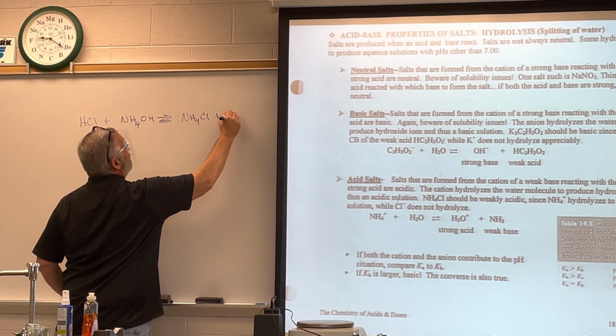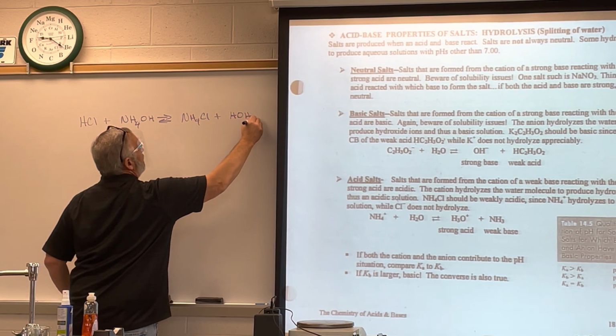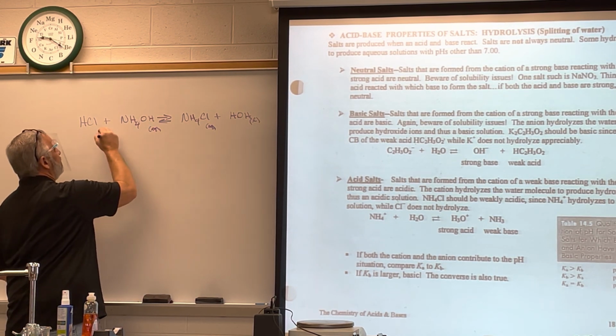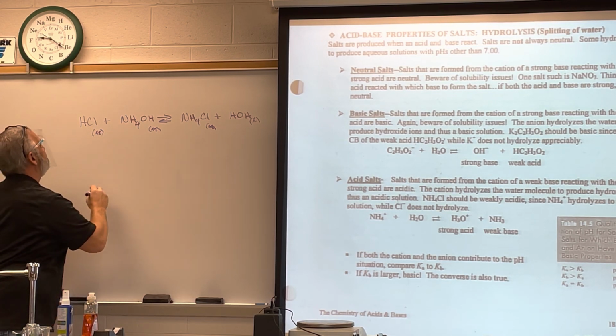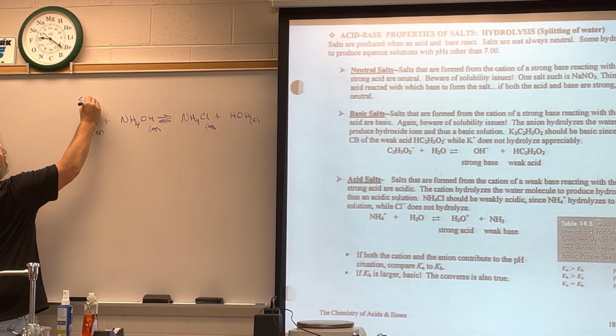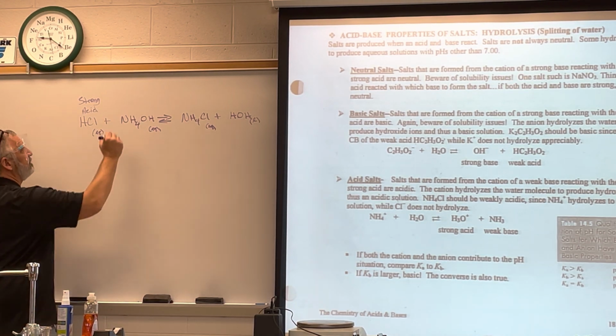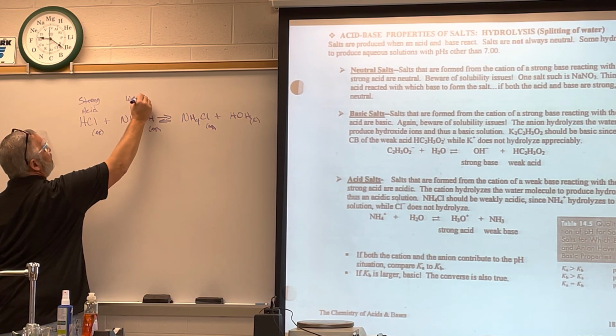NH4Cl plus HOH. And this is ammonium, so it would be aqueous. Okay, so now I have a strong acid. But what about NH4OH? It's a weak base. That's the basic form of ammonia.